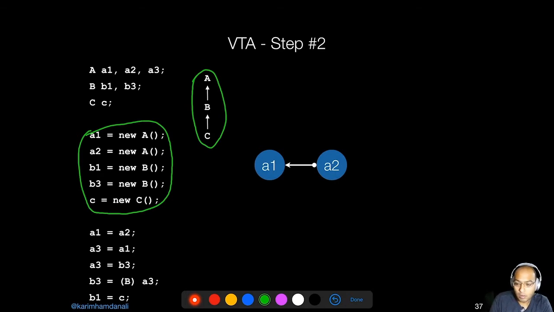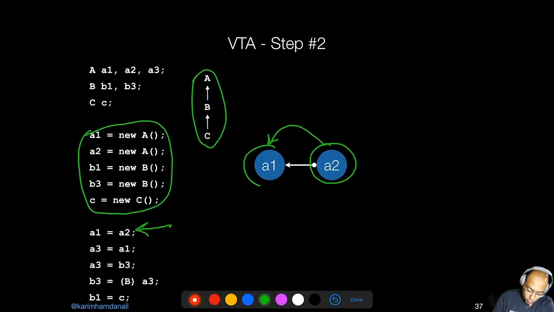You're allocating objects. So we're going to skip through them. The first statement that we really want to look at is A1 equals A2. What does A1 equals A2 do? It says that whatever types A2 has are going to be propagated to the set of types that A1 may have.